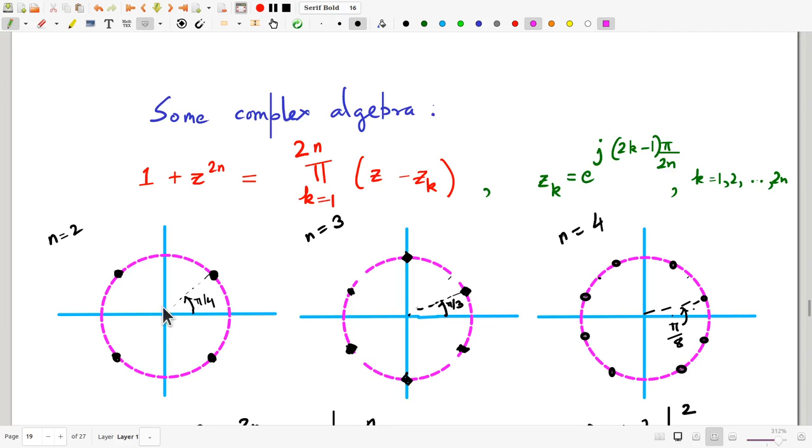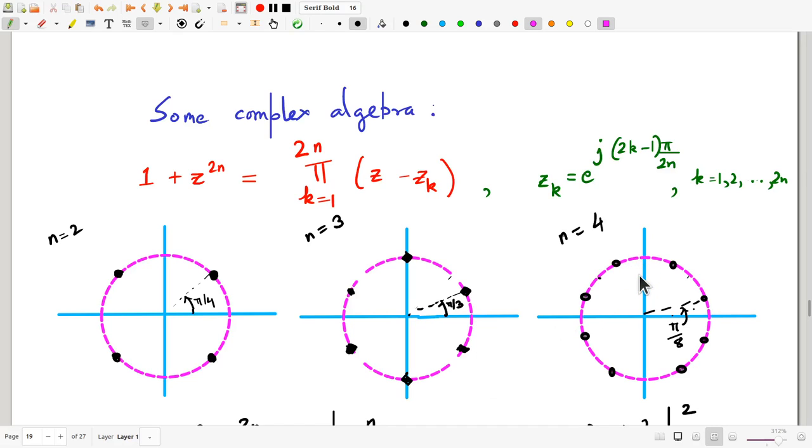Well, this is actually 3 pi by 4. So if you raise this to the 4th power, it's going to go all the way around and end up here at 3 pi. And so on. So for n equals 3, there will be 6 sixth roots of minus 1, which are going to be placed on the unit circle. They're of course going to be equally spaced.